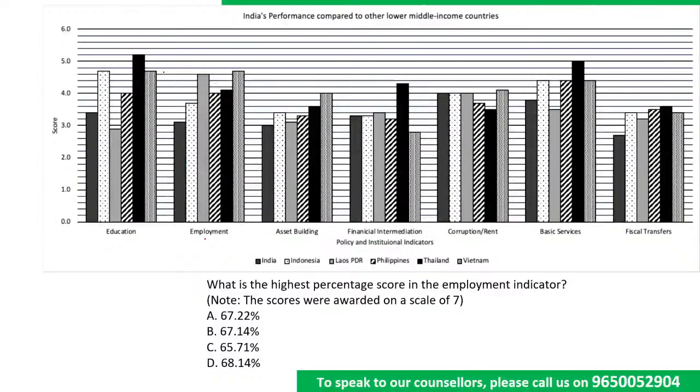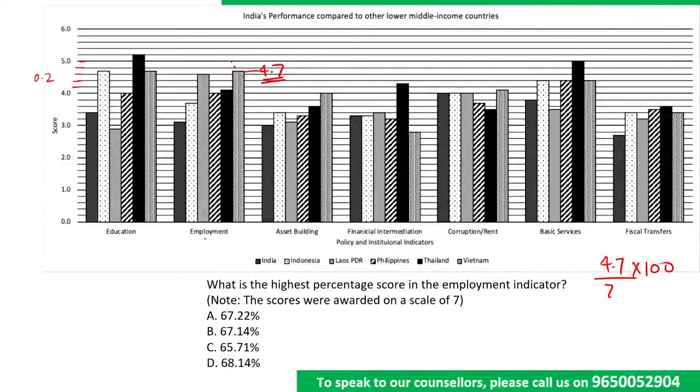Okay, so this is 5. This is 4 point, so there are 1, 2, 3, 4, 5, so 0.2 is your gap. So this will be 4.8, this will be 4.7. This is how we read graphs. So 4.7 out of 7 and times 100.